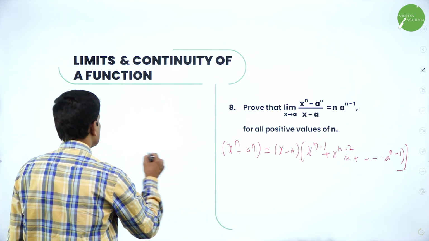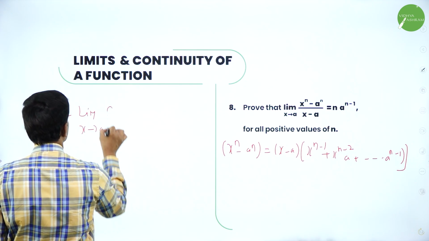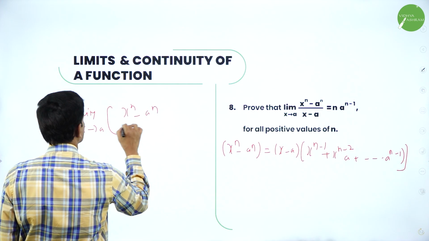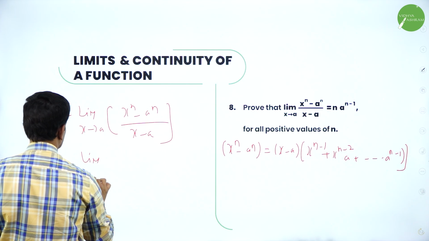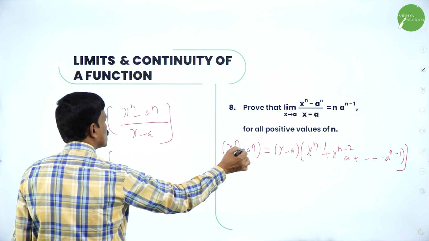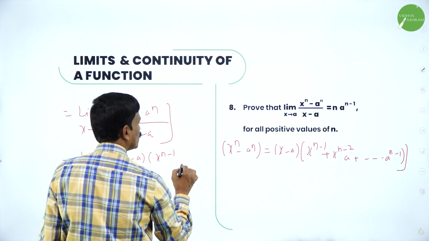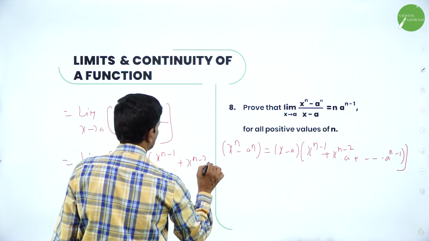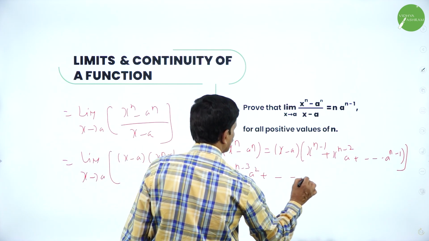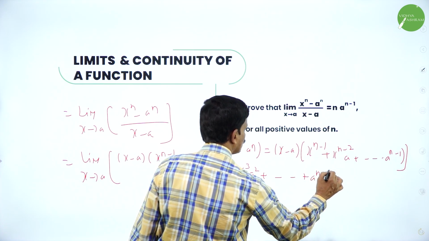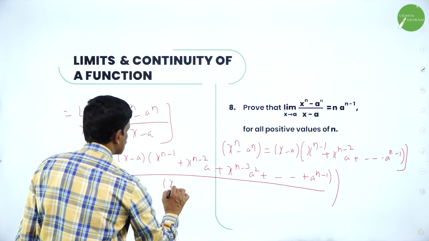Now, so therefore, this given equation limit x tends to a of x raised to n minus a raised to n by x minus a can be written as limit x tends to a of, in the numerator, for x raised to n minus a raised to n, we are going to write x minus a into x to the power of n minus 1 plus x to the power of n minus 2 into a plus x to the power of n minus 3 into a square plus etc. The last term is a to the power of n minus 1 whole divided by, in the denominator we have x minus a.